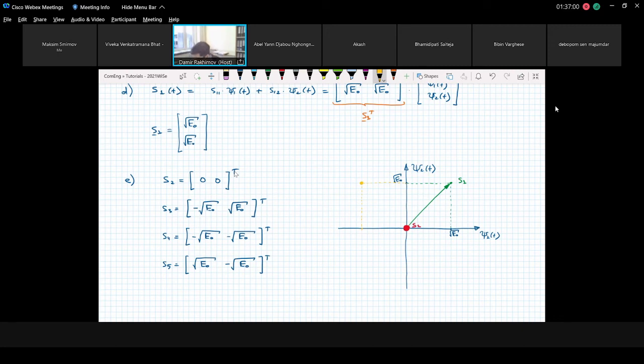So this is the point which corresponds to our third signal, S3.